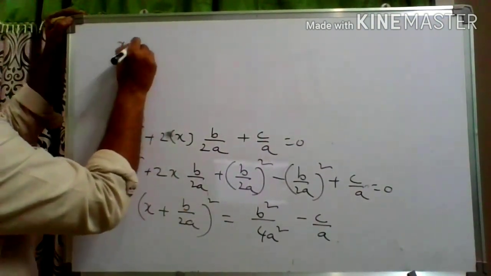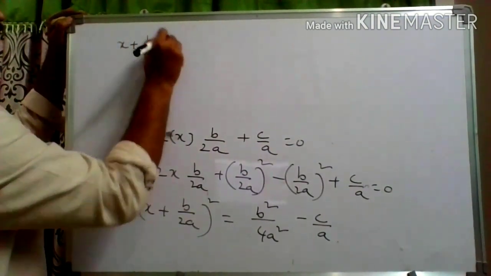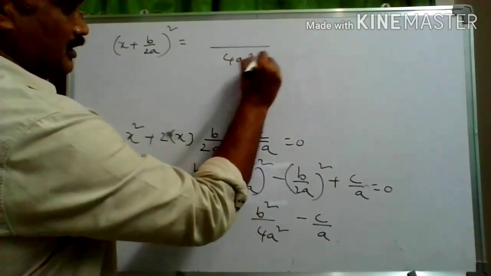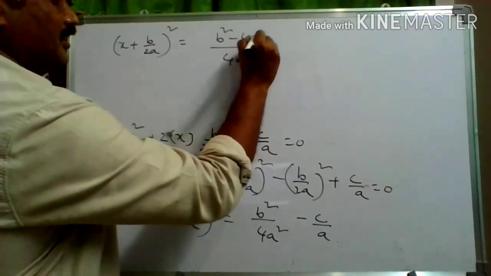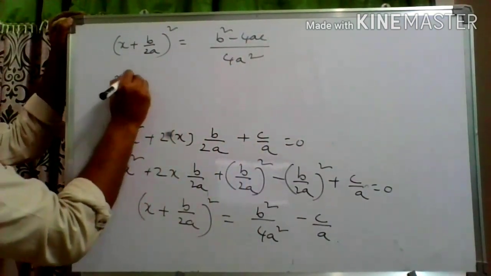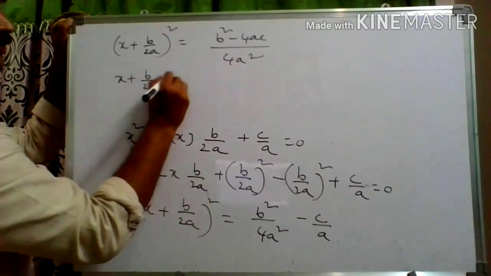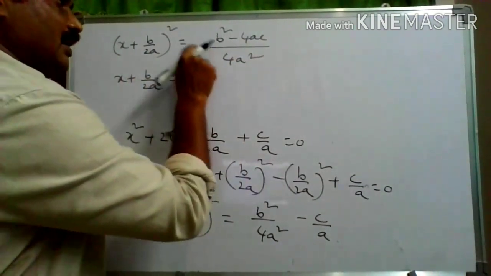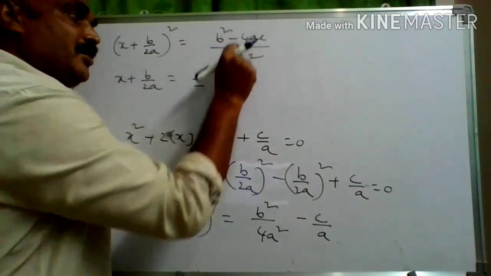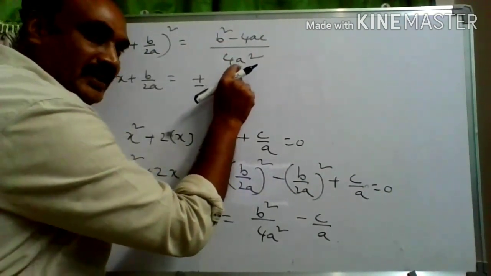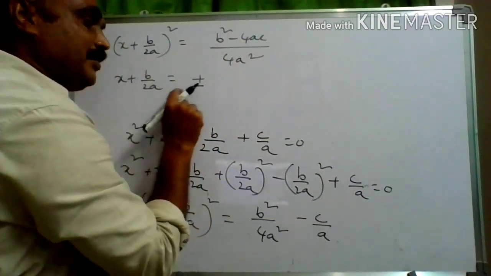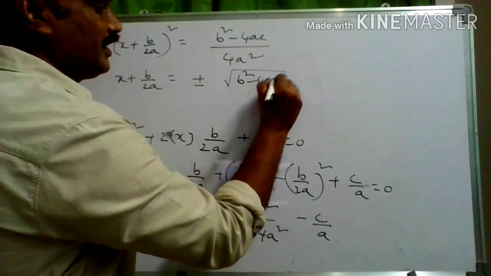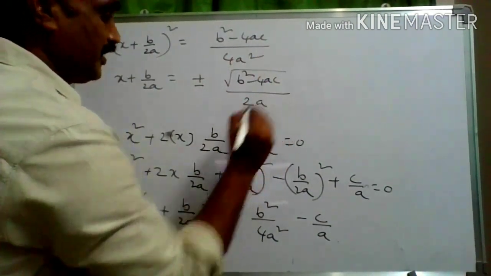Students, (x + b/2a) whole square is equal to the right side, LCM 4a square: (b square minus 4ac) by 4a square. So x + b/2a is equal to plus or minus root of b square minus 4ac by root 4a square, which is 2a.